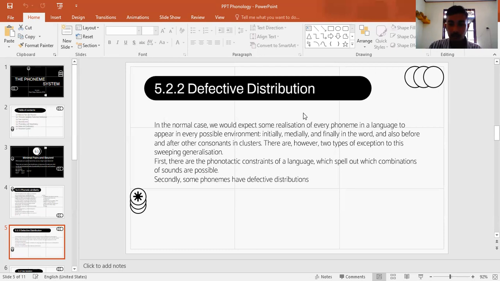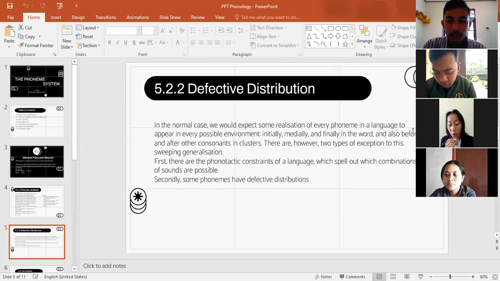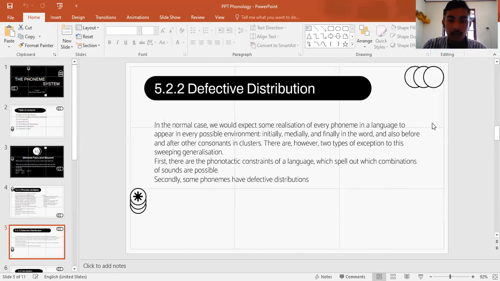In English, only rather few three-consonant clusters are permissible, and the first consonant in the sequence must be s. A nasal stop in English can cluster only with an oral stop sharing the same place of articulation, unless the oral stop marks the past tense.